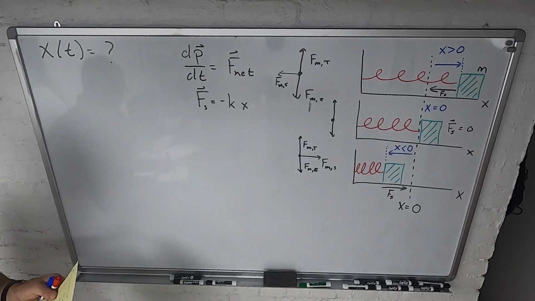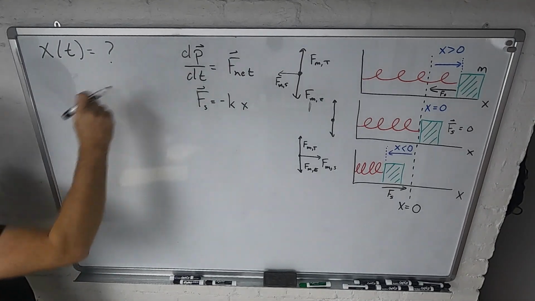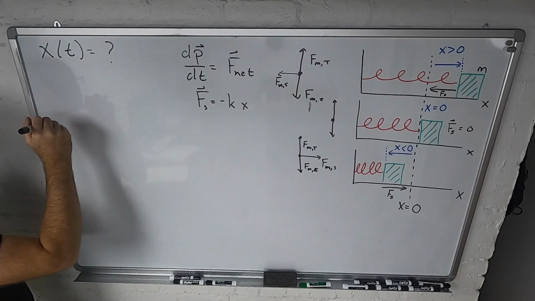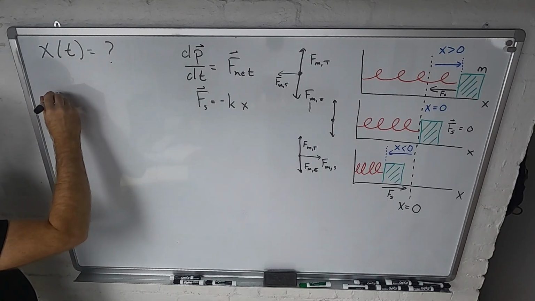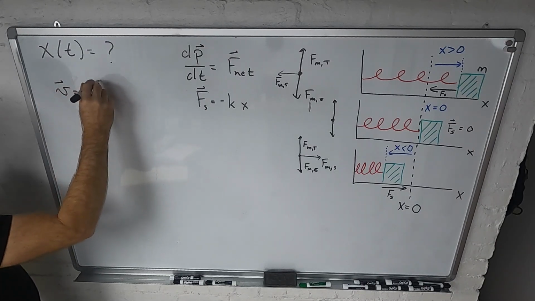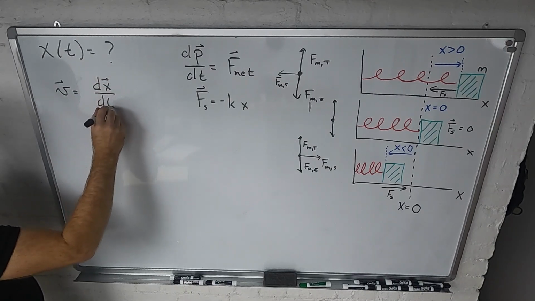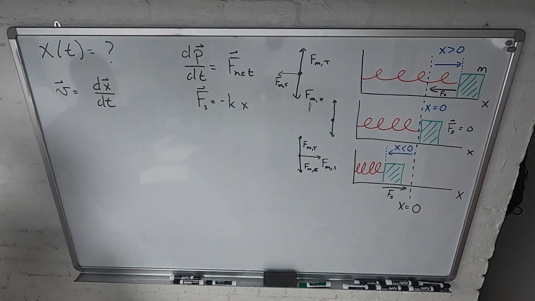And now we're going to think about, well, how do we start to define things? Well, in the momentum, we know that we have a velocity. So let's write down our velocity. The velocity, well, that's just the first derivative of the position, dx/dt. It's the change in position with respect to time.